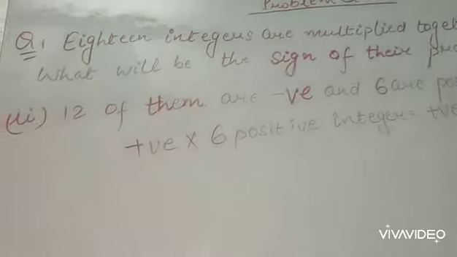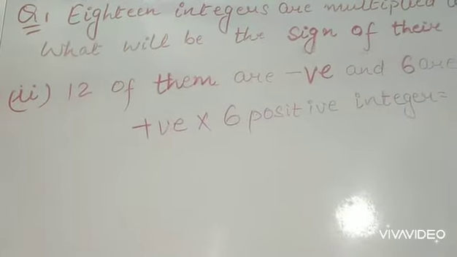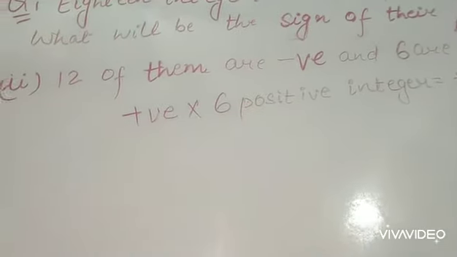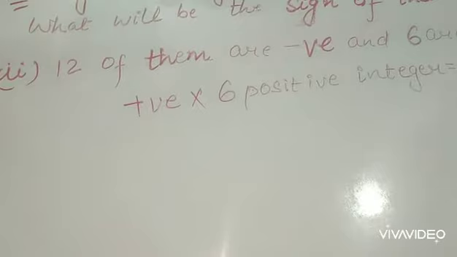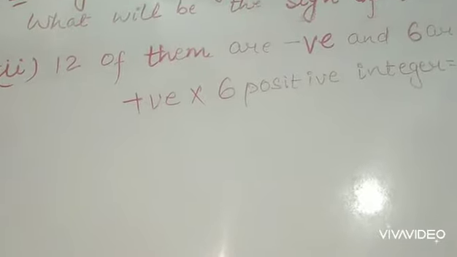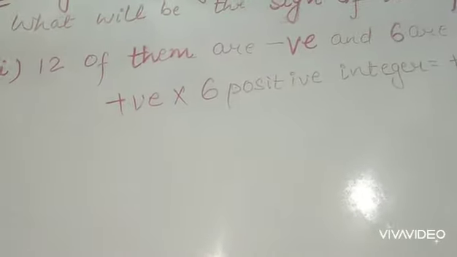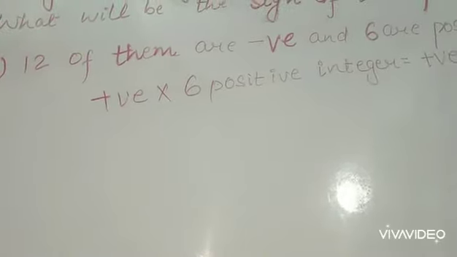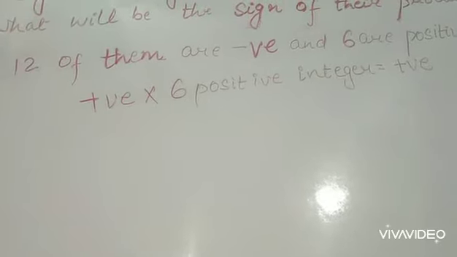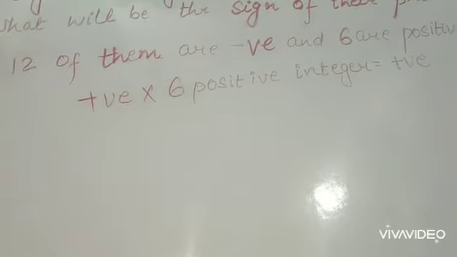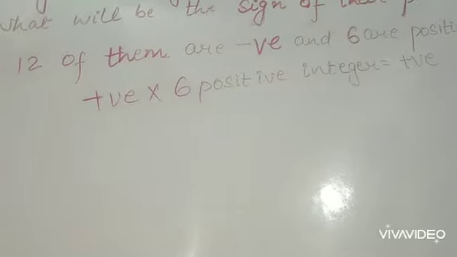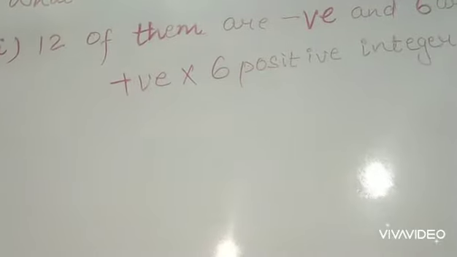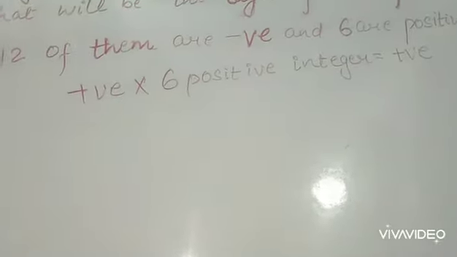So 12 of them are negative, and 6 are positive. 12 is an even number, so after multiplying 12 integers your result will be positive, and then those are multiplied with 6 positive integers, and again your result will be positive, since a positive integer multiplied with a positive integer gives a positive result.